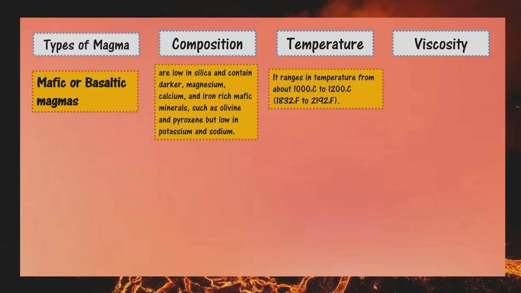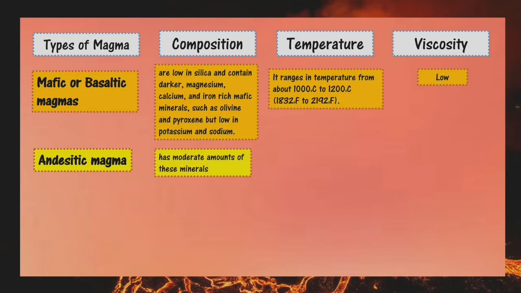In terms of temperature, it ranges from about 1,000 degrees Celsius to 1,200 degrees Celsius or 1,832 degrees Fahrenheit to 2,192 degrees Fahrenheit. In terms of viscosity, that is low.